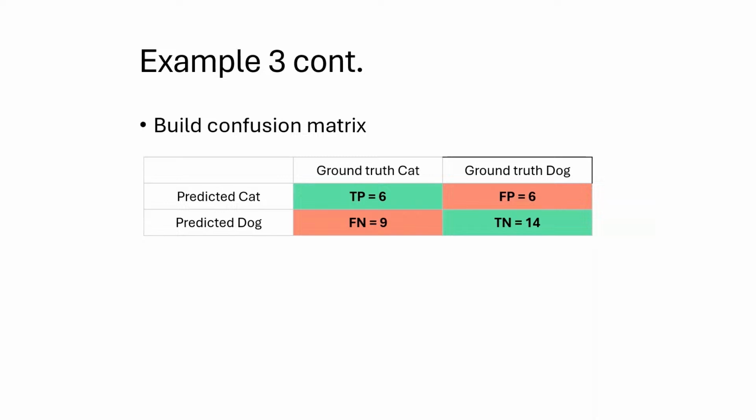For F1 score, we have to calculate precision and recall. Accuracy is not necessary for F1 score. How to find the precision based on the given data?